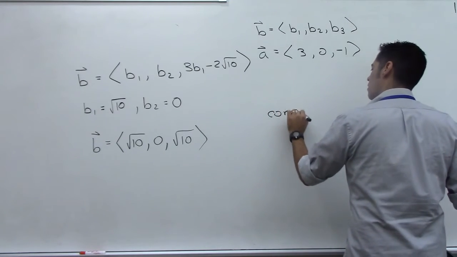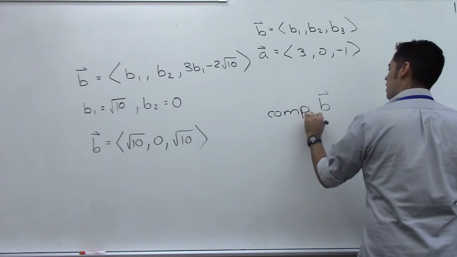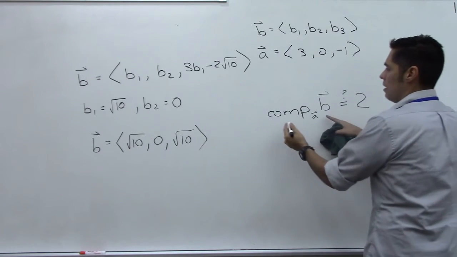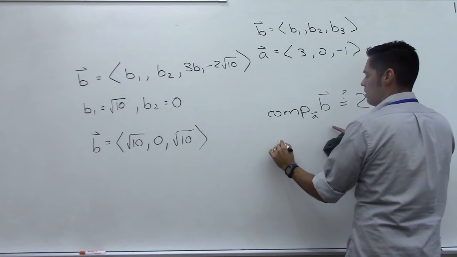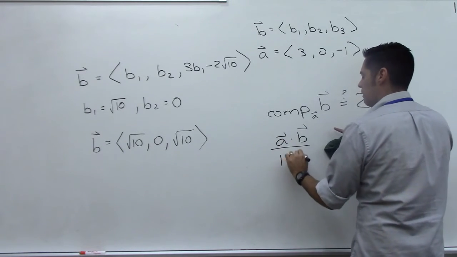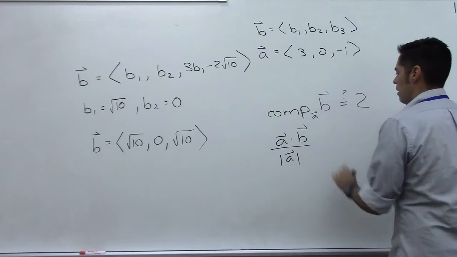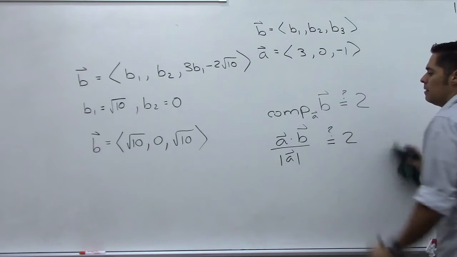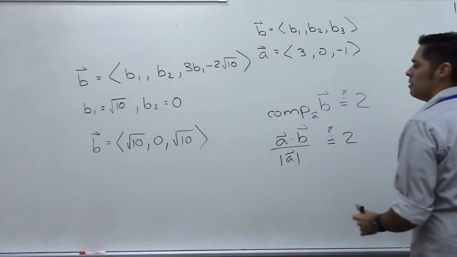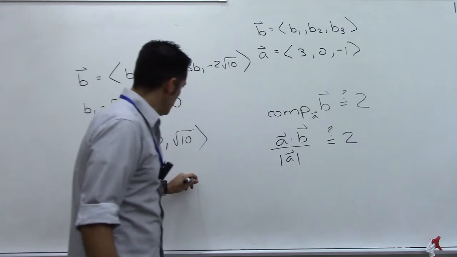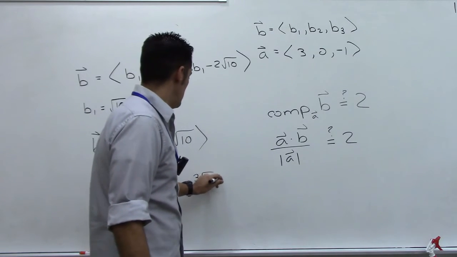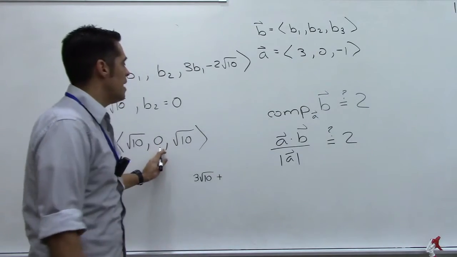What is the component of B onto A? And is it 2, right? So let's do this computation. A dot B over magnitude of A. All right, and is that equal to 2? So A dot B. So we do 3 times root 10, so we get 3 root 10, and then plus 0 times 0 doesn't matter.